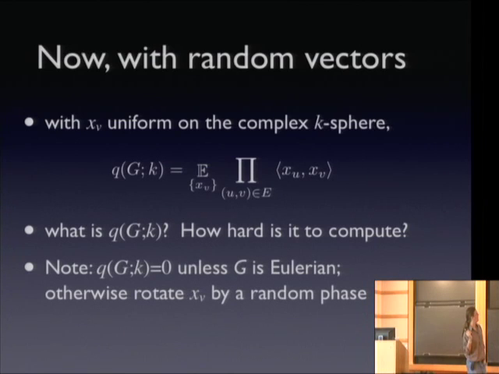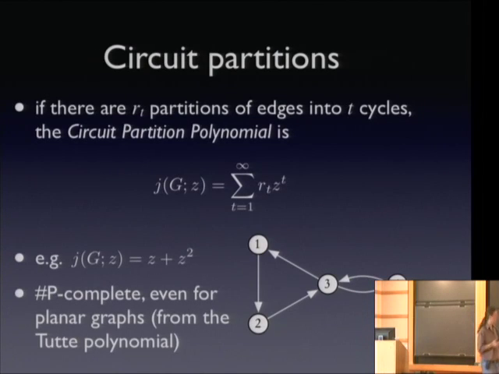All right. So now here's another object which you may have heard of. Again, take an Eulerian graph. There are lots of different ways to cover it with directed cycles. So take a generating function of all the ways to cover it with directed cycles.